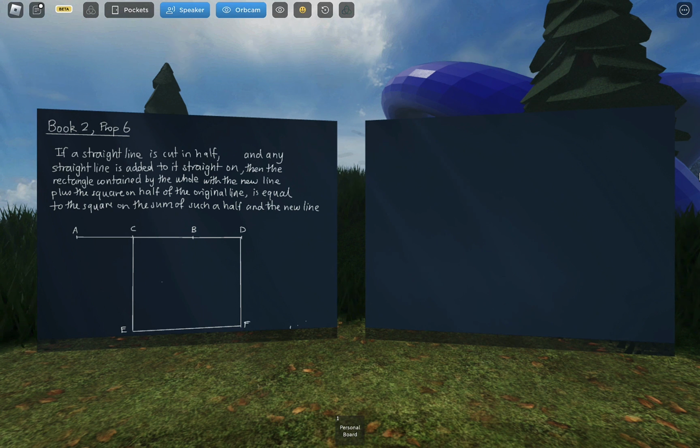Yeah, so let me just start with the construction, and again, being a bit quick about it. So I'm going to join DE, draw BG, so this is parallel to those two.